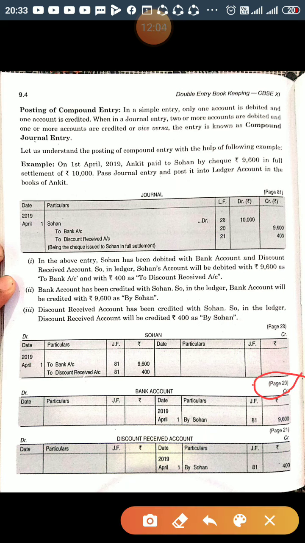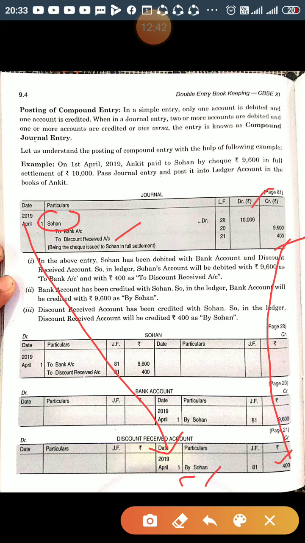So on the credit side you will write the date, then you will write prefix by, and against the discount received, the account which is debited is Sohan, so you will write Sohan, and you will put the amount 400 here. And suppose this discount received is opened at page 21, so this 21 you will put in the ledger folio column. So this is posting.